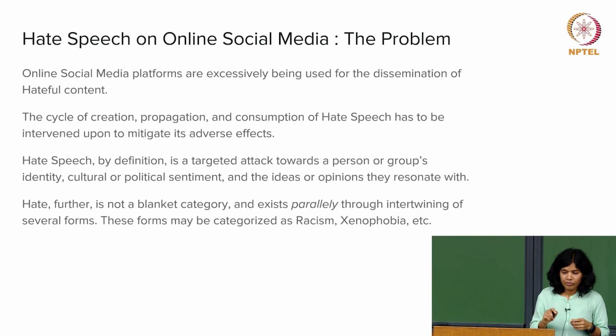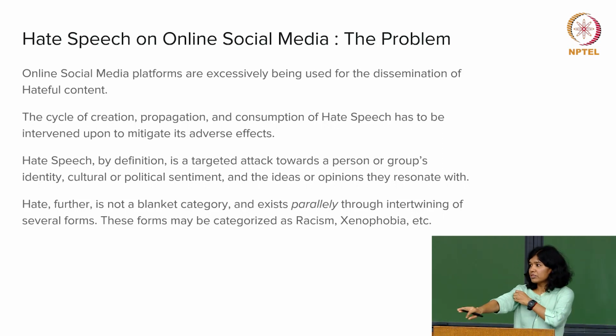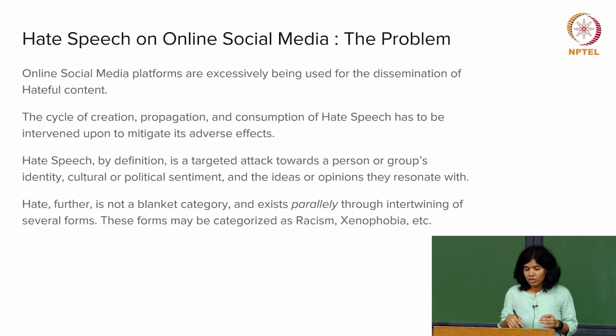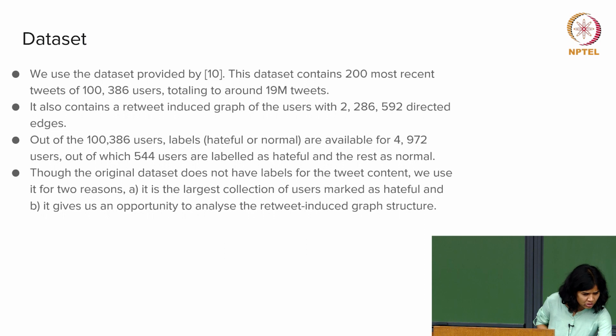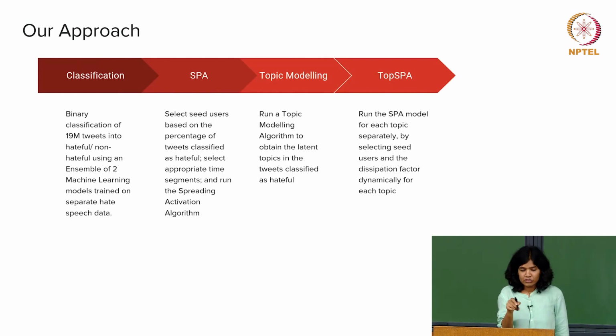So we wanted to figure out, like in a regular epidemic, given a set of users who are infected, who are hateful, who are the next set of users that are going to turn hateful? That's the question we are asking here. It's the same data we have been using.